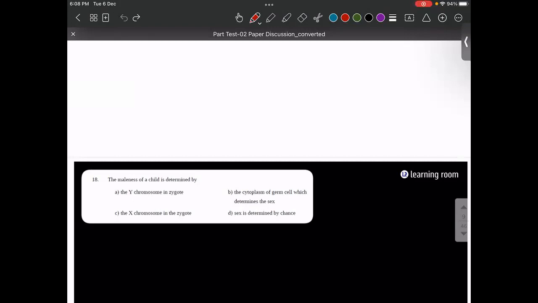In Drosophila, the fruit fly, sex is determined like in humans. Sir, it's reversed, like XY is female, XX is male. That's in birds, like chicken.